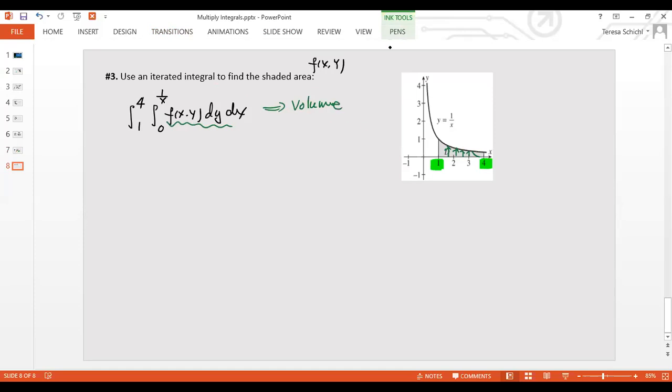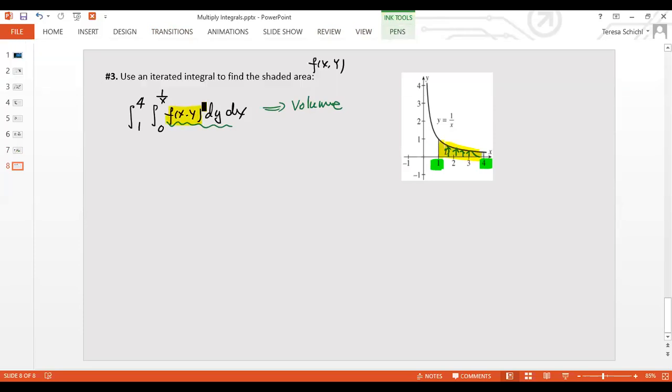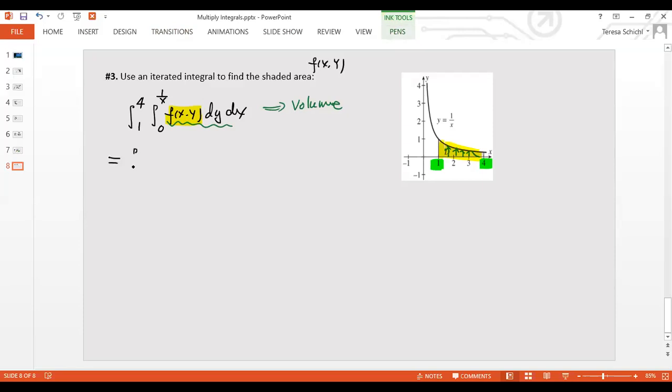But now what we want is this area. So if this is the area, what does that mean? That means my f of x, y function is equal to 1. It doesn't have any function here. So it's just back to Calculus 2. You integrate from 1 to 4, from 0 to 1 over x, 1 dy dx.